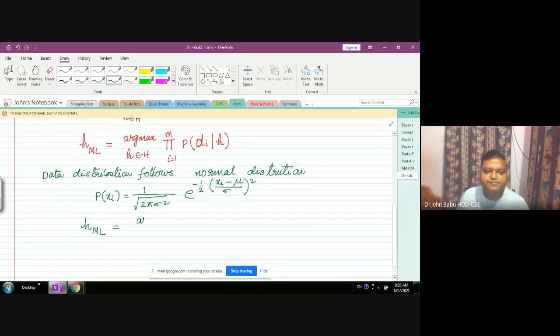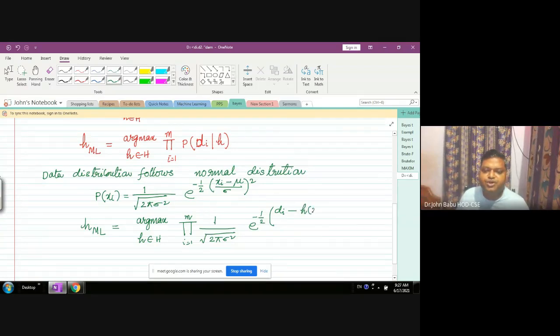maximum of, i equal to 1 to m. Here it is di, minus the mean. What is the mean here?